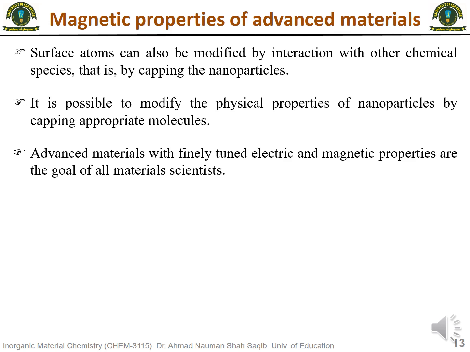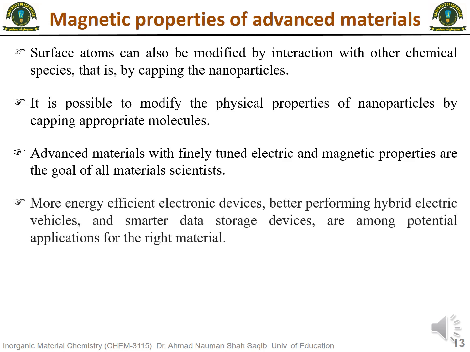In some cases, for example, we have a material which is a semiconductor but not magnetic. In spintronics, a material which shows both semiconducting and magnetic behavior is really important. For that purpose, we tune and manipulate the materials we have through some chemical modification or size reduction, and we get the desired properties from those materials for that specific application.